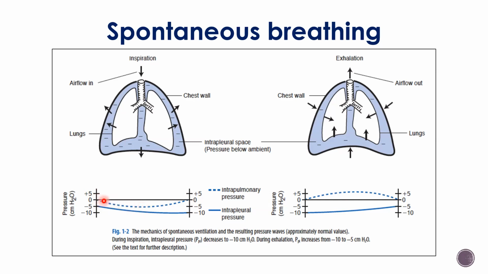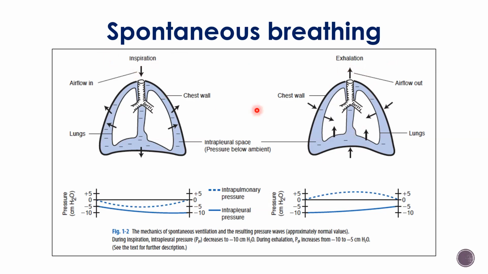This is how it is depicted here. In inspiration, your intrapulmonary pressure is dropping. From 0 it comes to -5, and then by the end of the inspiration it comes back to the 0 baseline. Whereas intrapleural pressure becomes much more negative during inspiration.